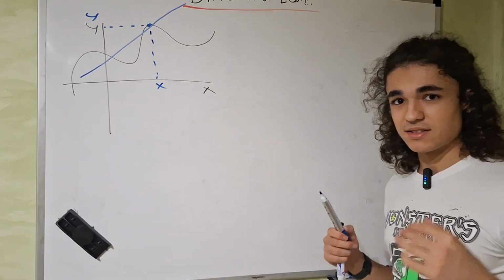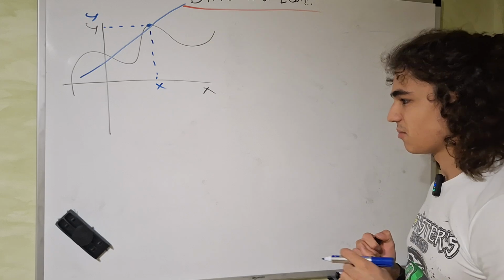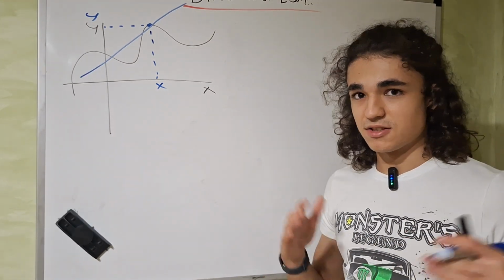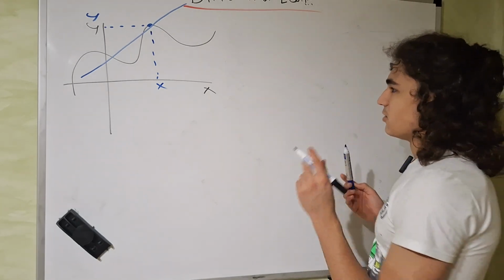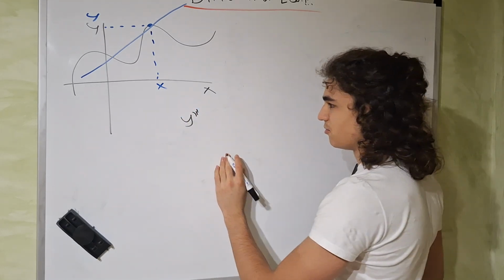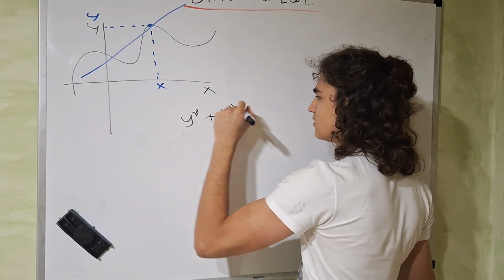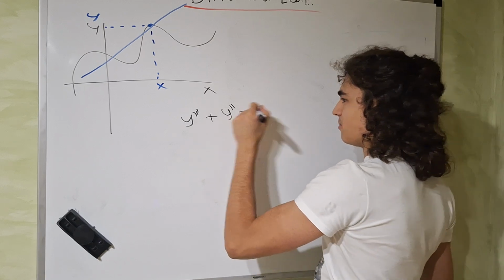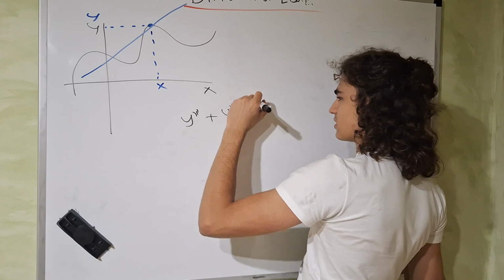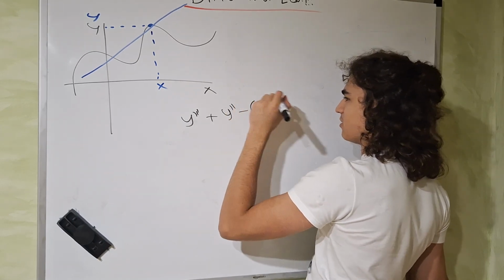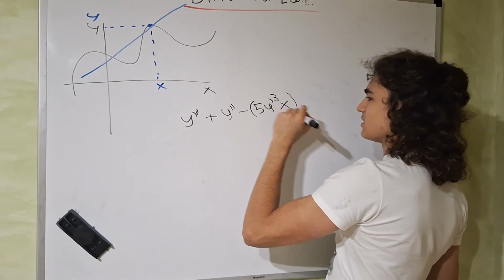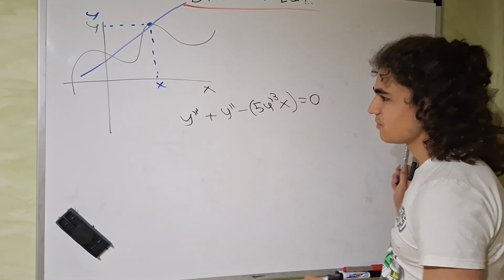Next time you'll probably understand better what I'm talking about today, because we're going to see the role those constants play in differential equations. So, if we have something like this, the third derivative of y plus the second derivative of y, I'm just coming up with this differential equation, minus, for example, 5y prime cubed times x equals 0.